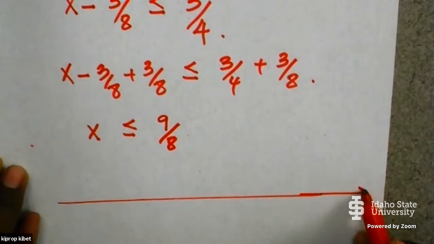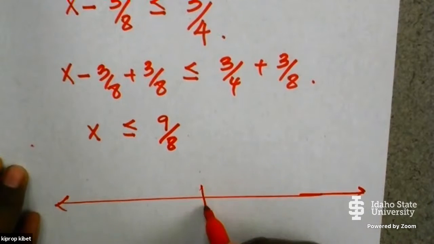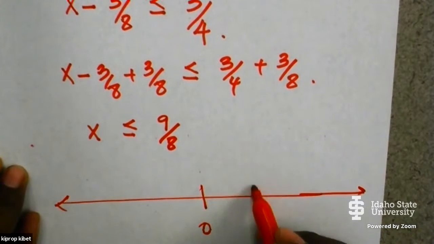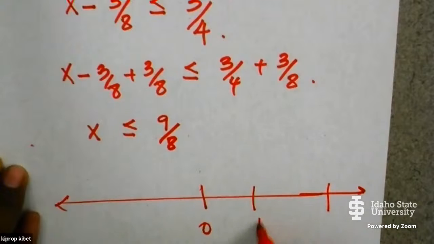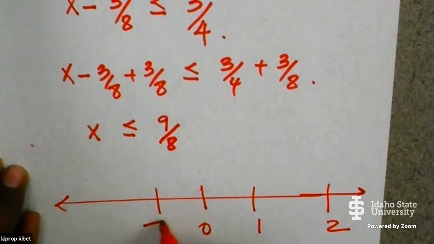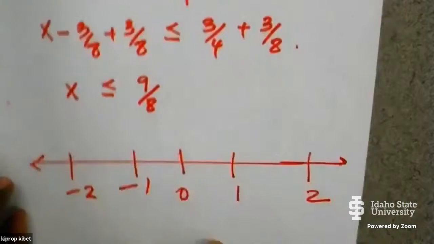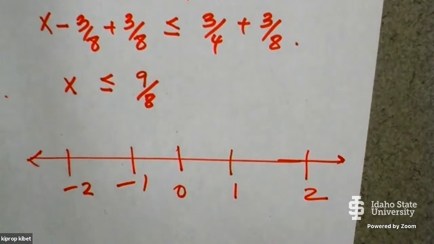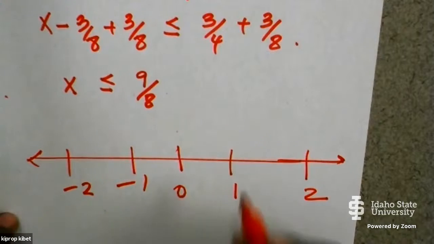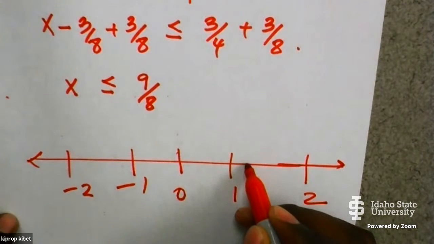So in this, 0, let's say this is 1. Then you get 1. So 9/8 is what? It sits between 1 and 2, right?